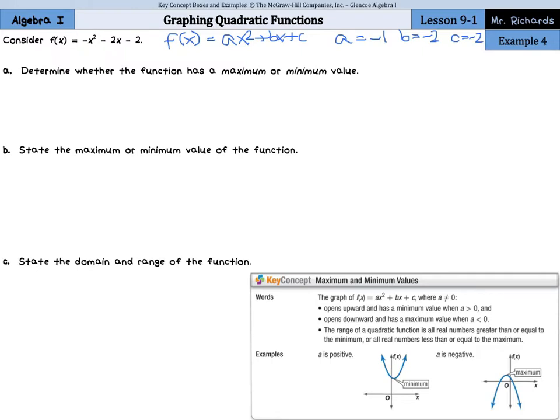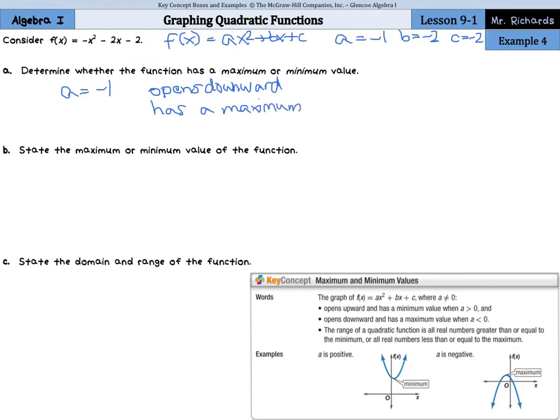So when we go to determine whether the function has a maximum or minimum value, what we can do is say, well, my a is equal to negative 1. And if we remember from our first page, when our a is less than 0, we are going to have a parabola that opens downward and has a maximum.